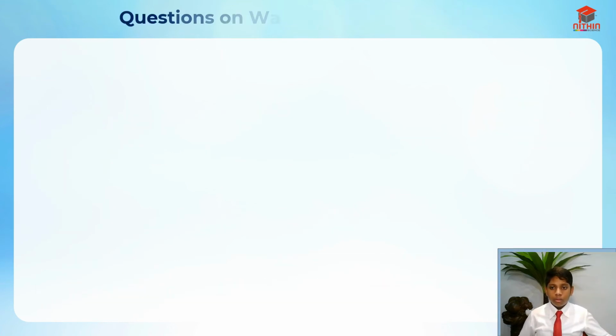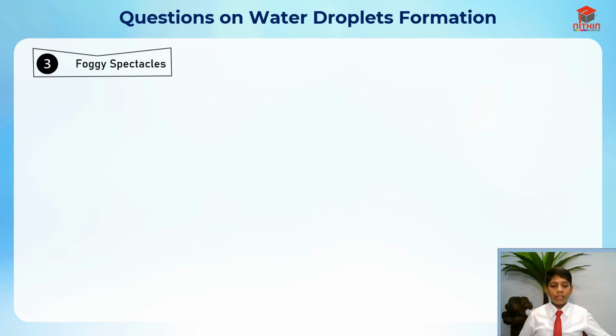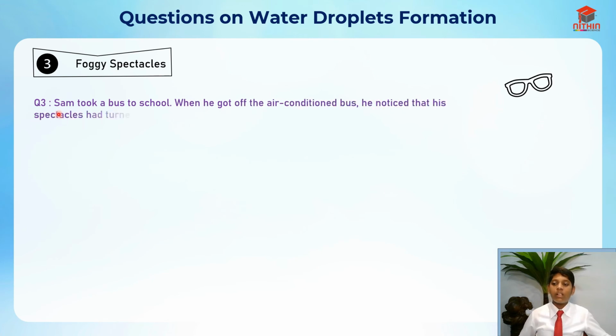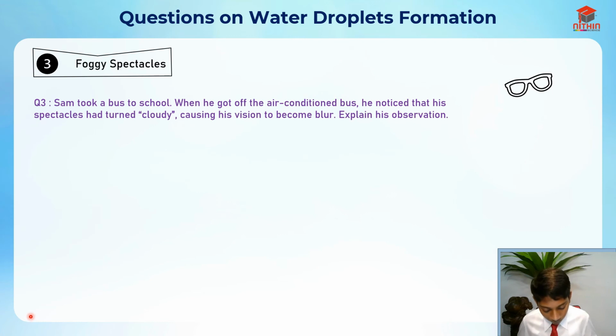Okay, so now we have the third type of question, which is the foggy spectacles question. I think this actually came in the PSLE once. So let's take a look at this question. Sam took a bus to school. When he got off the air-conditioned bus, they're giving us information.